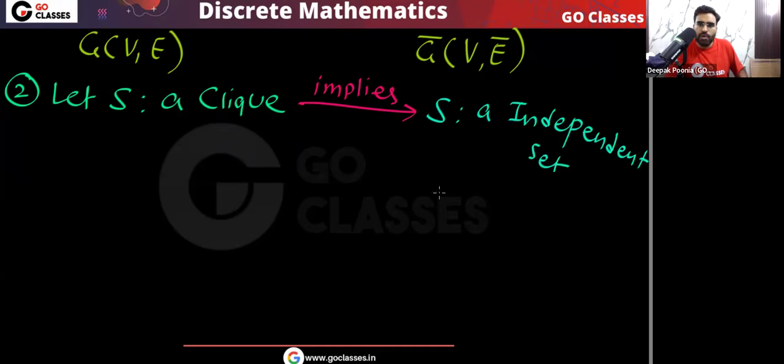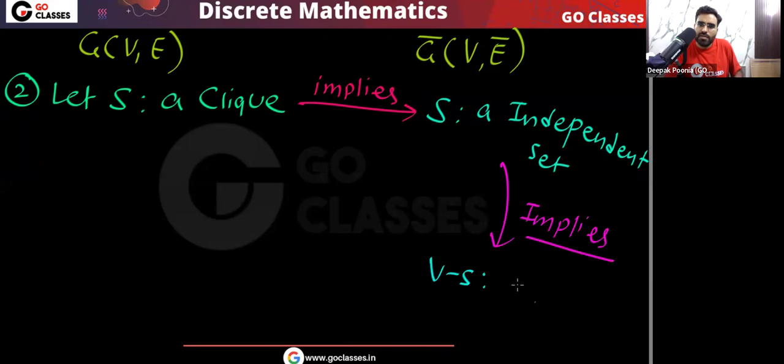Now remember, we already know the relationship between independent set and vertex cover. If S is an independent set in G complement, what does it imply? It implies that the remaining vertices V minus S are a vertex cover in G complement.